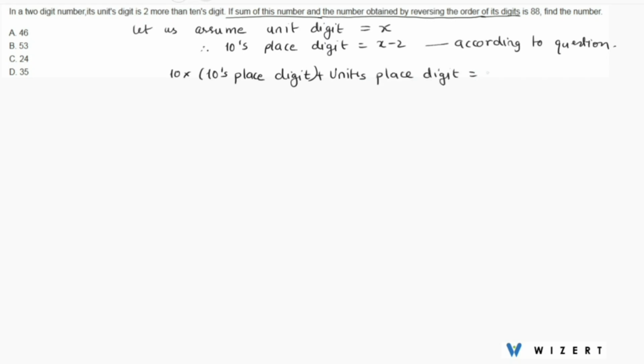That's equal to the number. So we'll simply do this: 10 multiplied by (x minus 2) plus x is our original number.